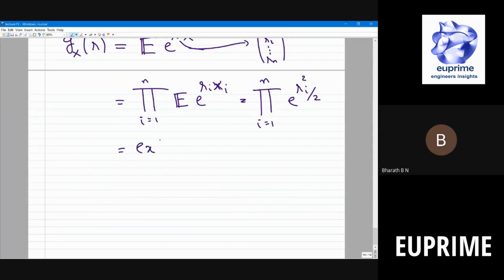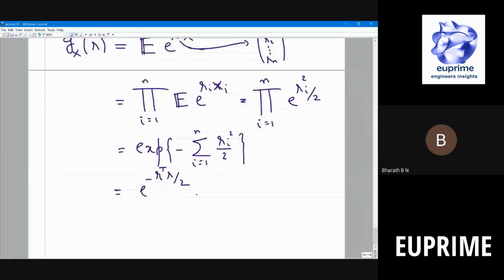The product of exponentials is the exponential of the sum. So this is e to the power minus, sorry, e to the power sum of Ri squared by 2, which is the norm squared, or nothing but r transpose r divided by 2. Is that okay?